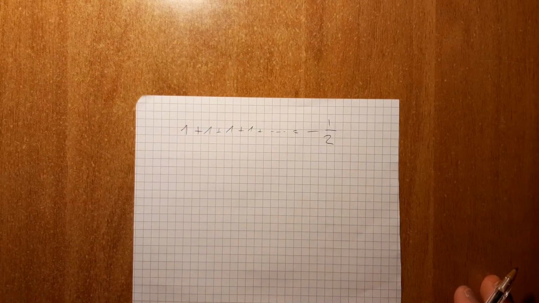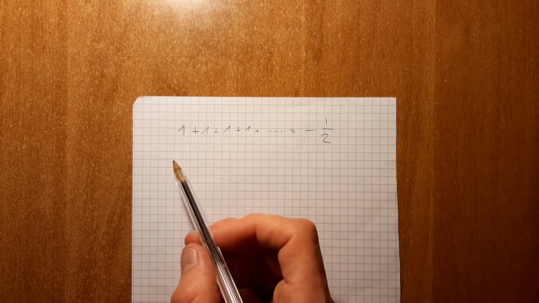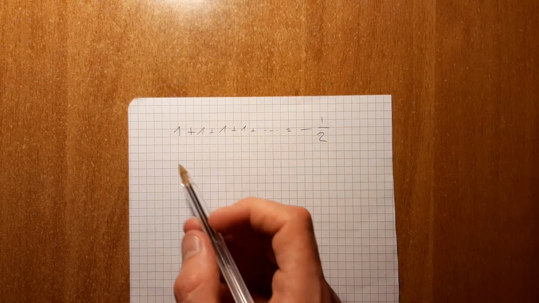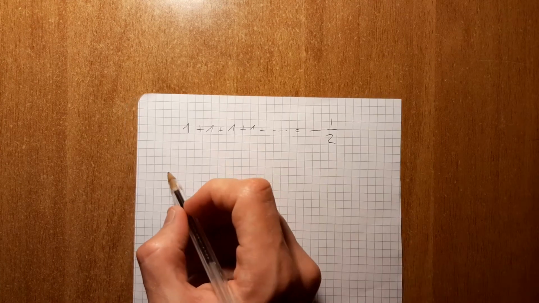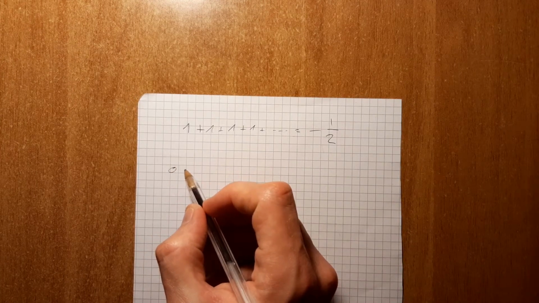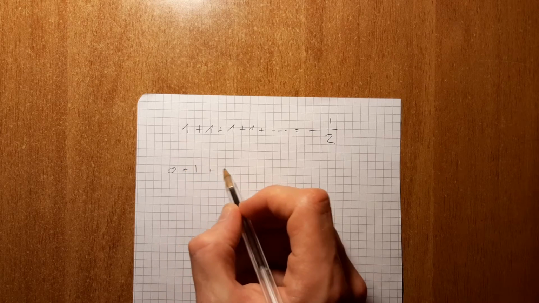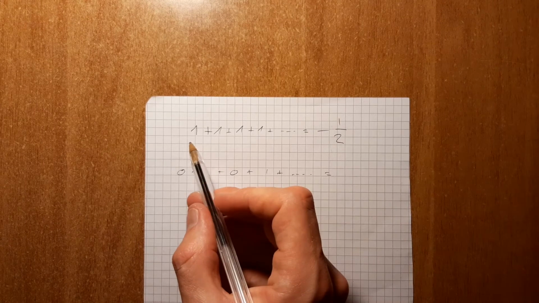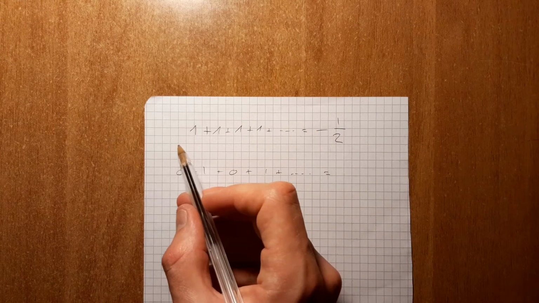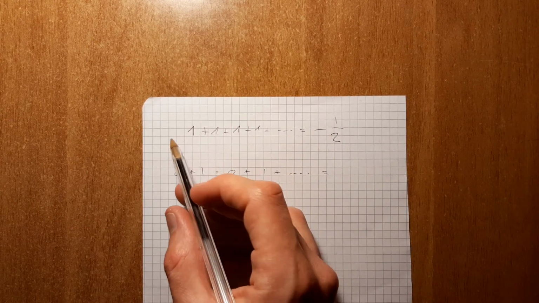Check the previous videos. And the question is, what will be the result of this series? 0 plus 1 plus 0 plus 1 plus 0 and so on. So we dilate all the terms by 2.